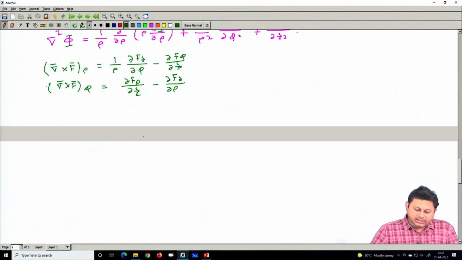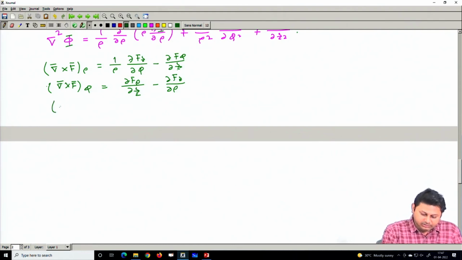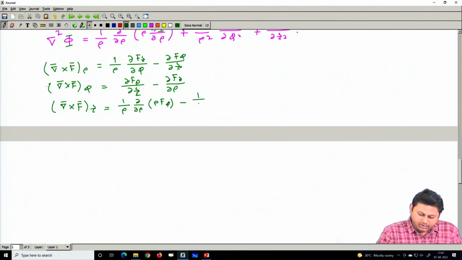And finally this z component: this is 1 by rho del del rho of rho f phi minus 1 by rho del f rho del phi.